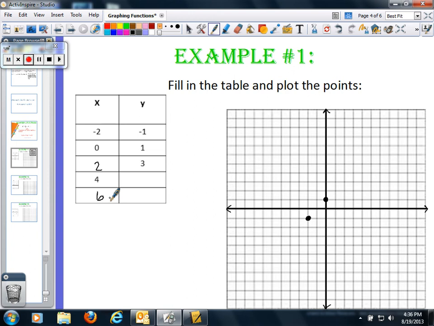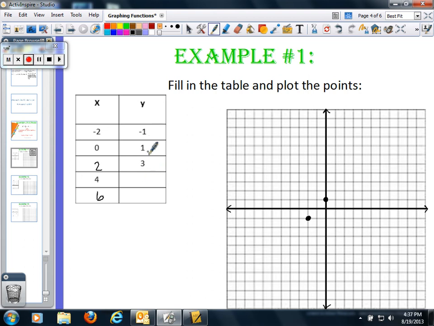Alright? So now let's go to the Y's, and let's see if we can recognize the pattern with the Y's. So we have -1, 1, 3. Well, I notice that, yes, they're all odd, but I also know that these actually increase in increments of 2 as well.